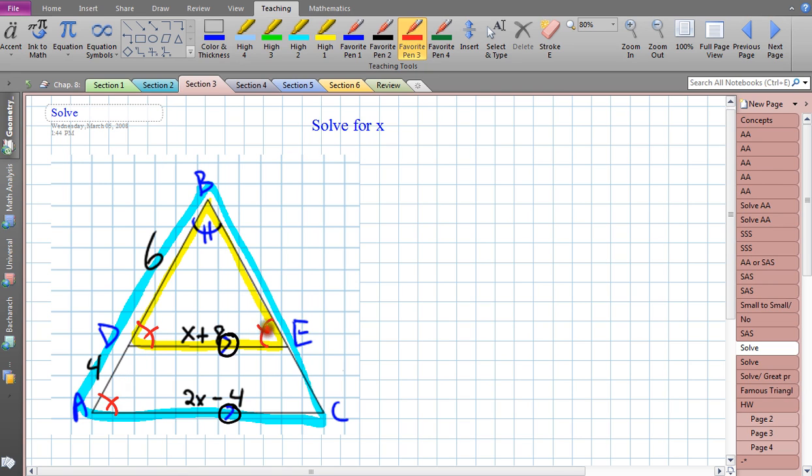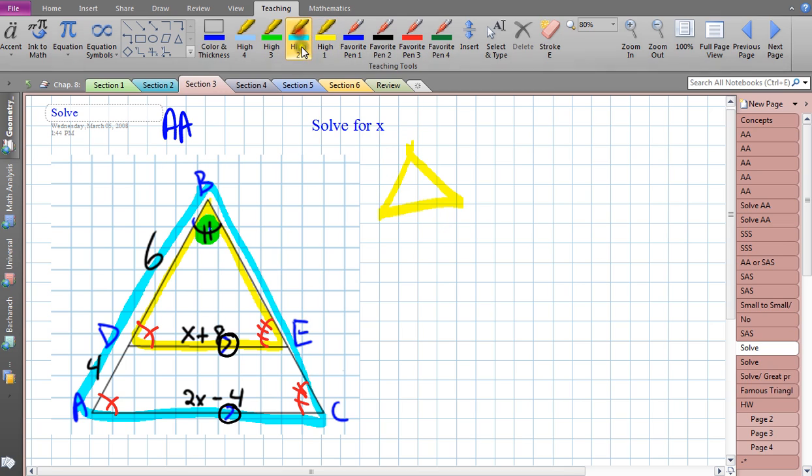And this angle in here is congruent to this angle in here. That's also corresponding angles. And I also have this reflexive angle up top here. So notice I have angle, angle. These two triangles are similar because of angle-angle. So once they're similar, all the corresponding sides are proportional.